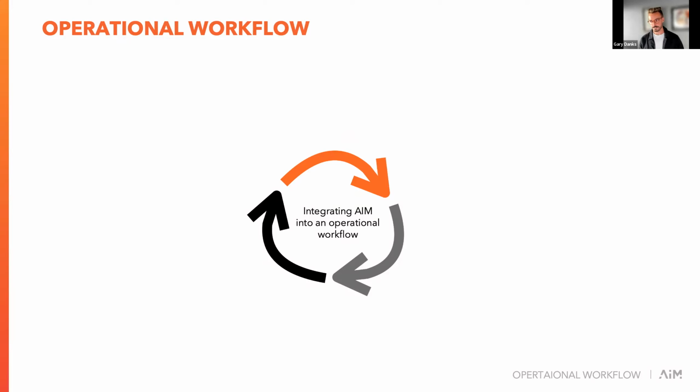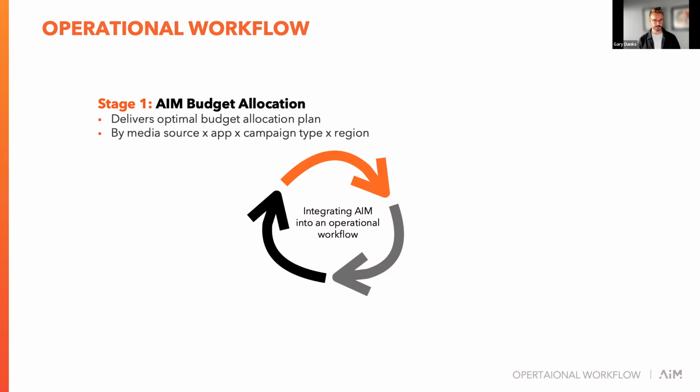This will give you an understanding of where it fits and what information you can get out of it. So stage one is very much about the AIM budget optimization. AIM in this case, or MMM, delivers an optimal budget allocation plan, by media source, by app, by campaign type, and by region.